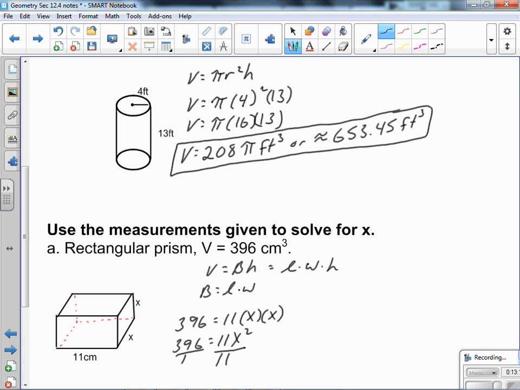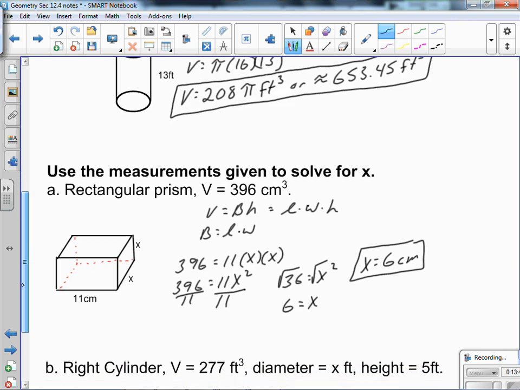Divide by the 11. It's going to give us 36 equals x squared. Take the square root of both sides. Alright, x is going to be 6. Or put the units on there, x is going to equal 6 centimeters. Always make sure you put your units when we do anything with measurements.